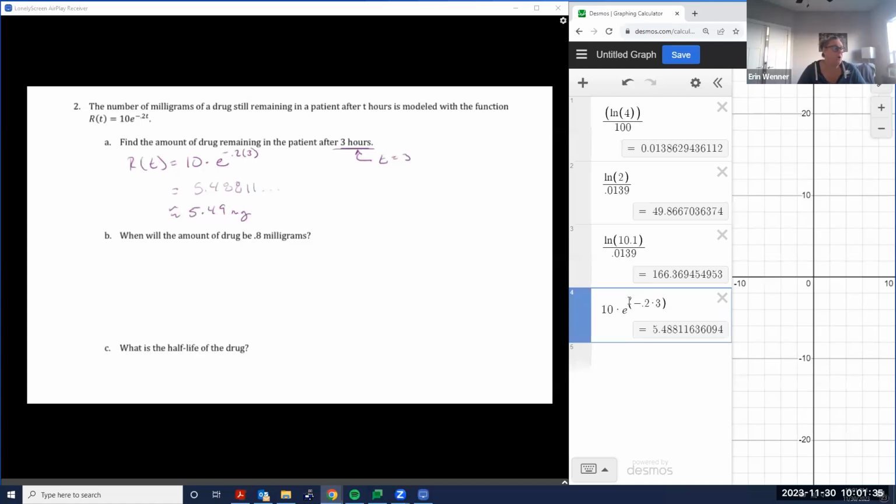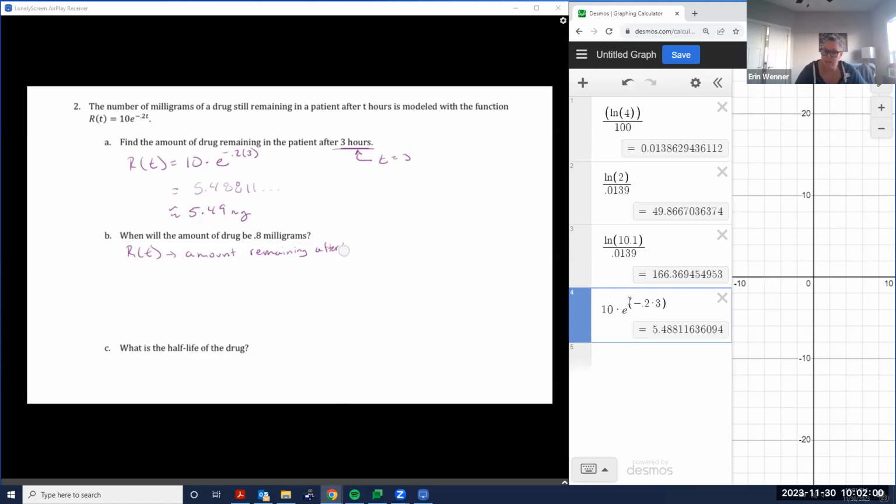So part B says, when will the amount of drug be 0.8 milligrams? And so R of T, what that means is amount remaining after T hours.